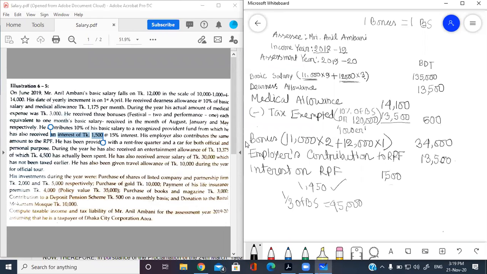Now, if you compare these two, obviously 1,450 is not the higher amount. It is the lower amount between these two, and we need to pick the lower number. So in that case, how much will be taxable? 50 only.